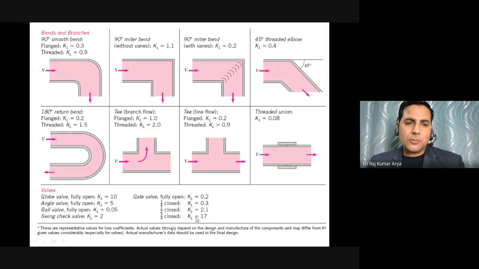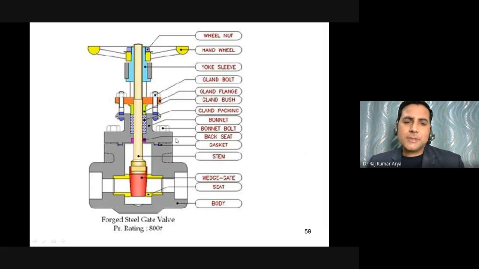And these are the corresponding loss coefficients for various types of valves. So I will show you what valves there are. This is the first valve here. Sorry, this is a forged steel gate valve. The fluid will come from this inlet. There is the gate here.